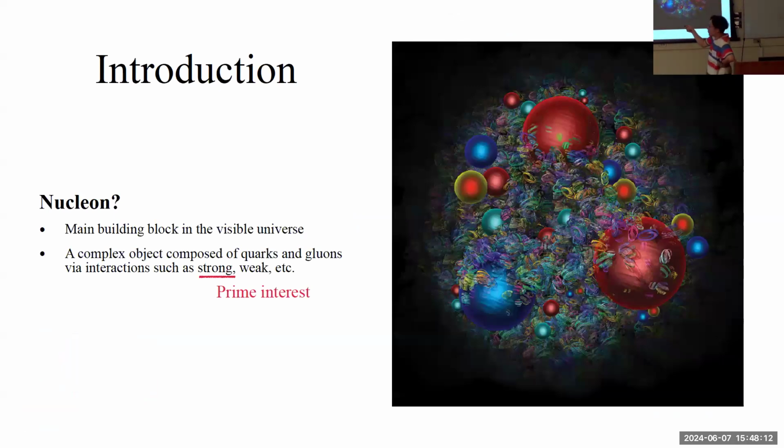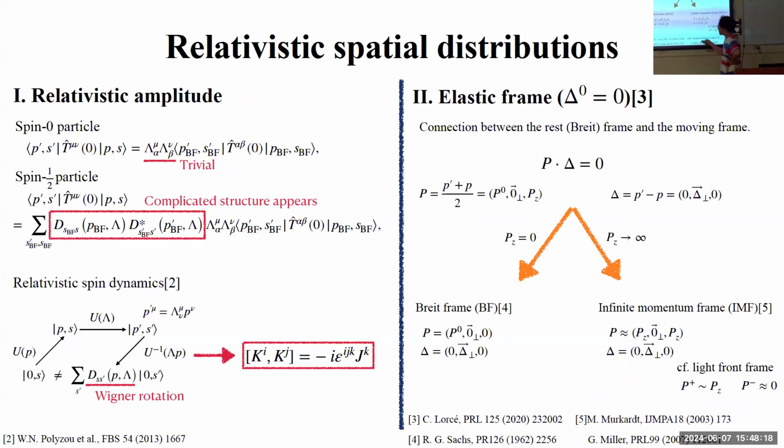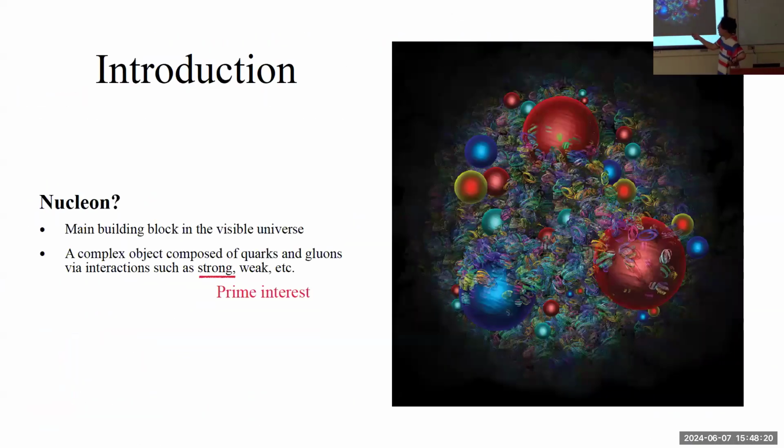So what is a nucleon? It is the main building block in the visible universe, and a complex object composed of quarks and gluons through interactions such as strong, weak, and so on. On the right-hand side, you can see three valence quarks and a number of quarks and gluons.